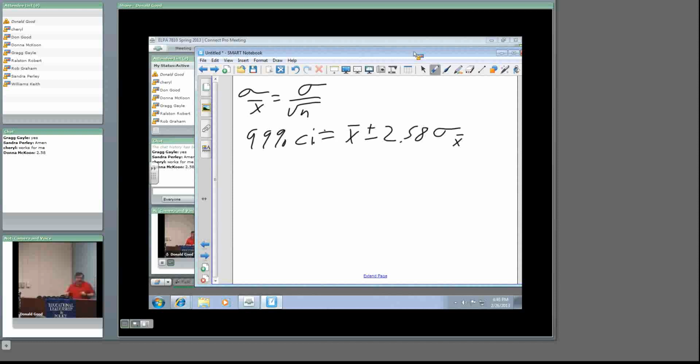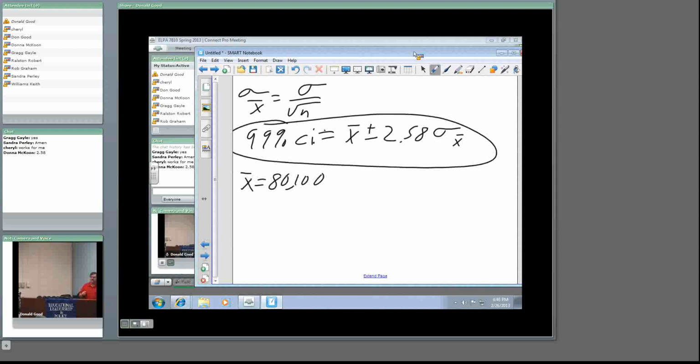Now, our sample mean is, what was it, 80,100? Do I have enough information to construct this 99% confidence interval? It is 80,100 plus or minus 2.58 times whatever that standard error is.